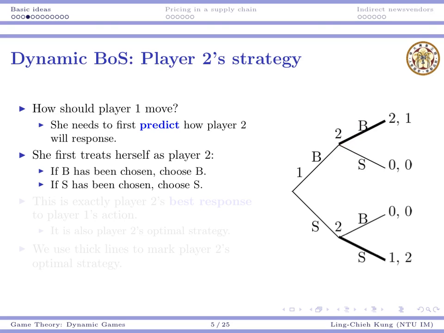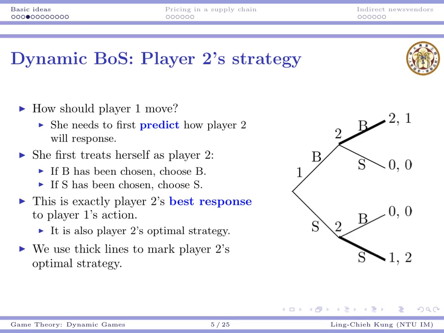If I see the other guy choose B, then to optimize my payoff, to make myself the happiest, I'm going to choose B, right? Because 1 is greater than 0. Or if the first guy has already chosen S, then my best strategy will be to choose S. So if B has been chosen, choose B. If S has been chosen, choose S. We can say that this is player 2's best response.